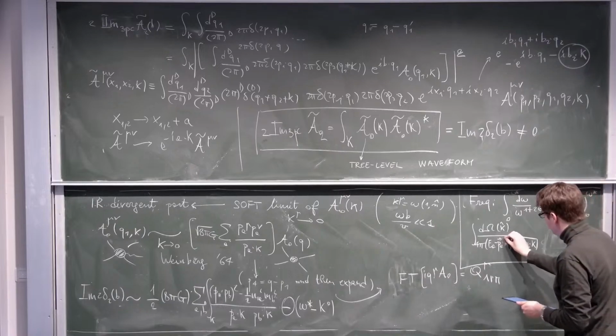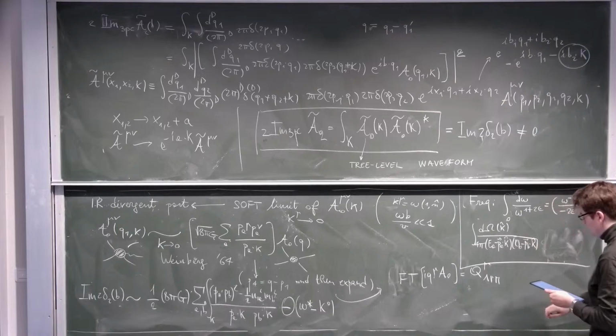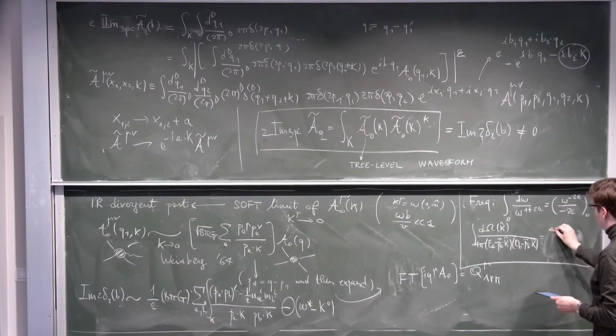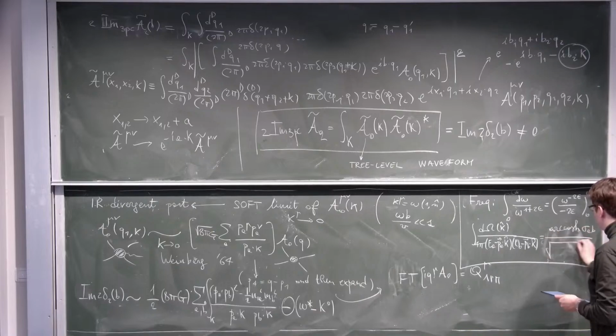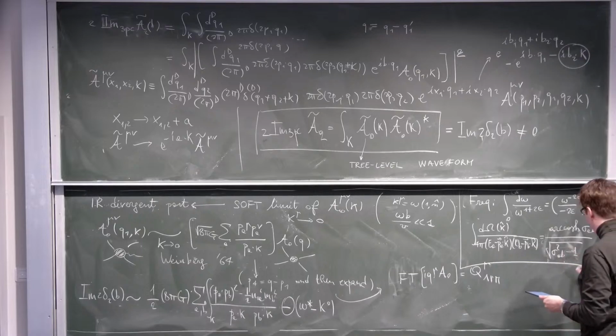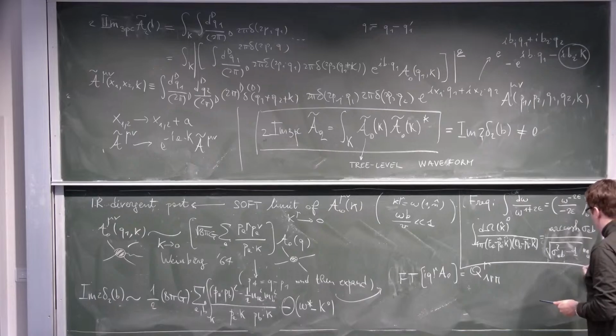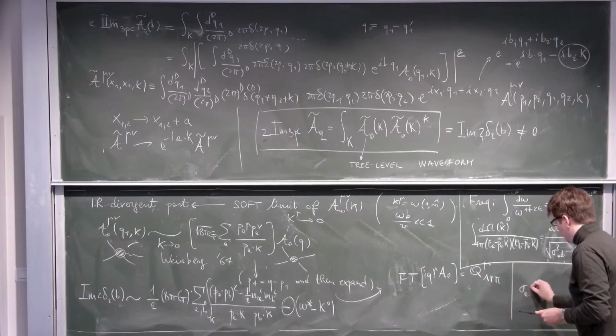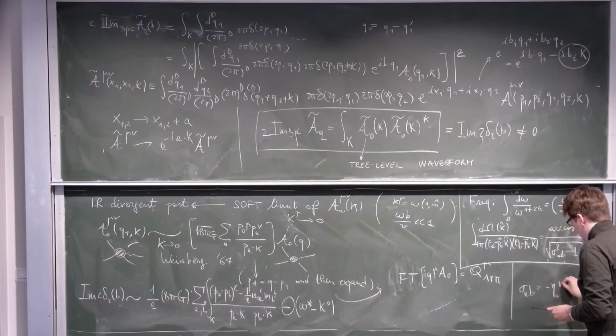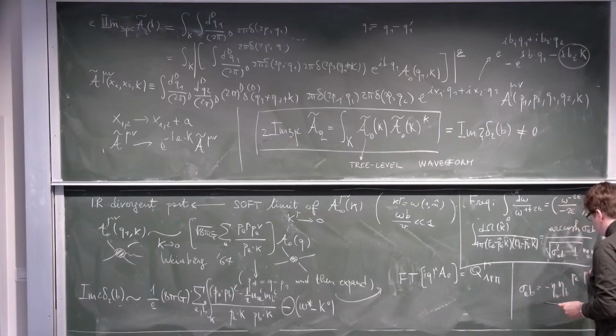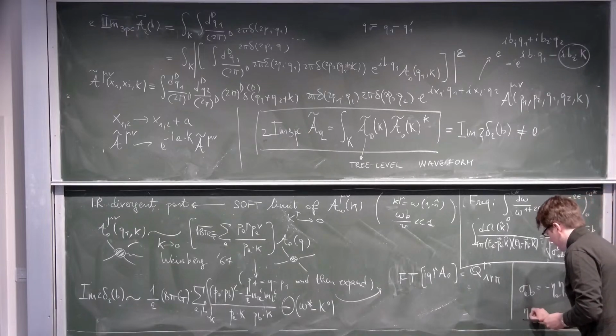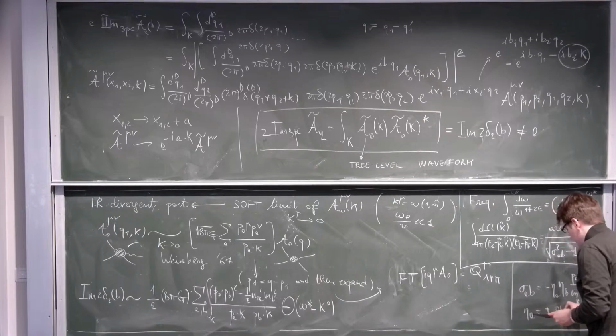This is arc cosh of some parameter sigma that I will define in a second, where sigma is defined like this. Okay, and eta is defined in such a way that it's plus for outgoing state and minus for incoming state.